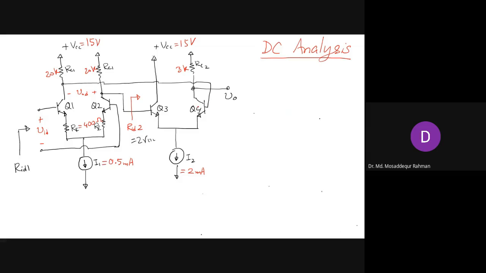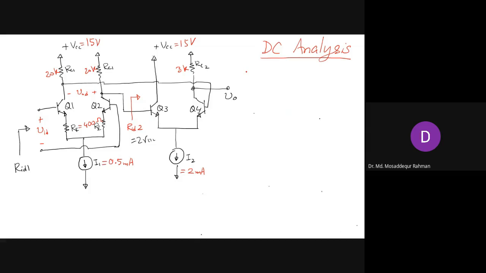DC analysis is important for any amplifier in order to ensure that your amplifier works in the active region and for the whole range of your input signal. The amplifier will be able to amplify while it stays in the active mode. Now, how to ensure that, right?